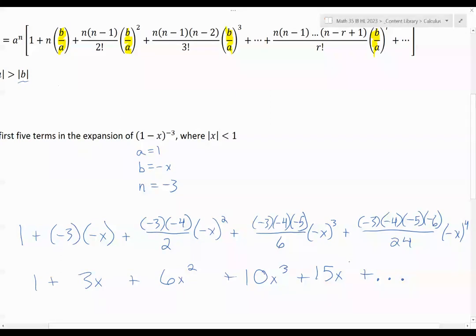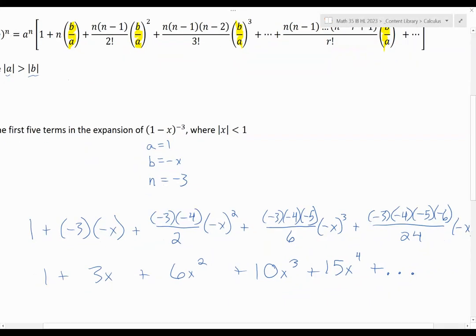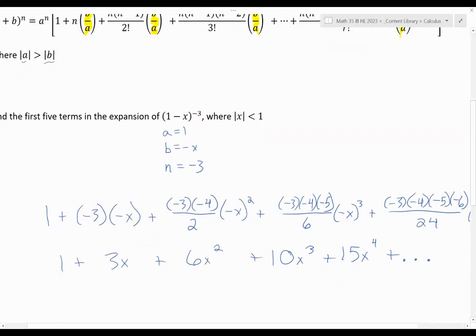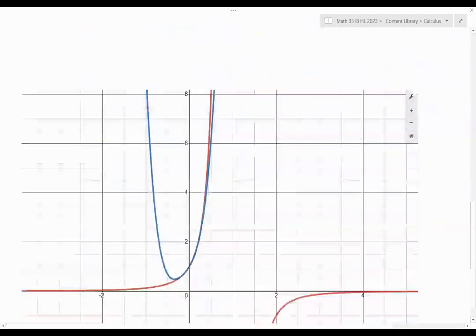So what we're actually getting with this is not something that's strictly equal, because there are an infinite number of terms here, and each term that I add will actually have an impact here. But what I have is a polynomial that roughly approximates that particular expansion where the absolute value of x is less than 1. So actually, let's look at a graph.